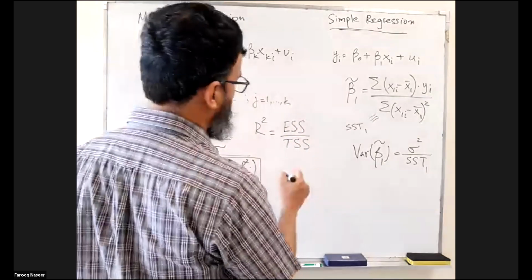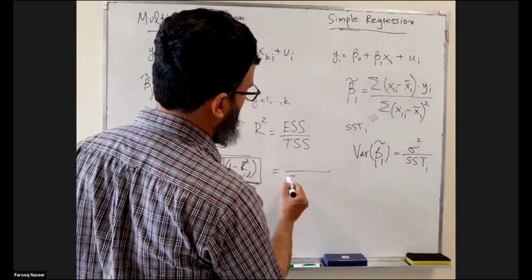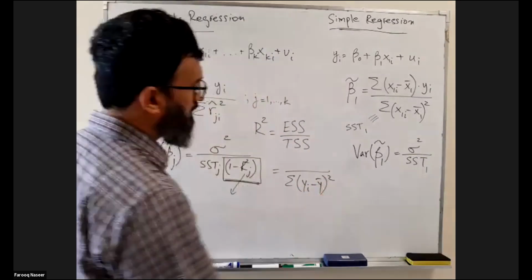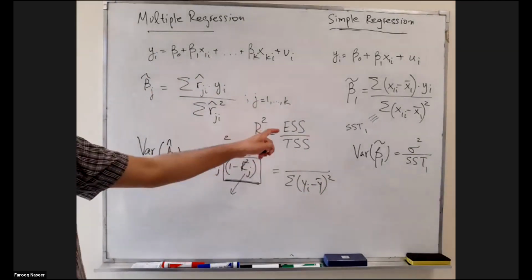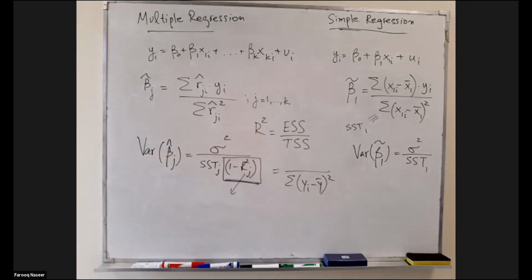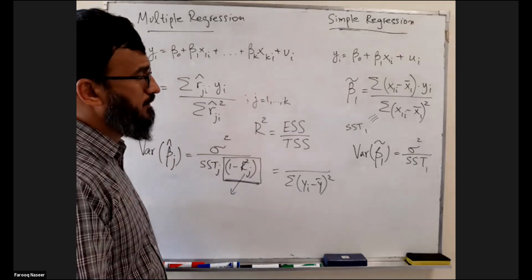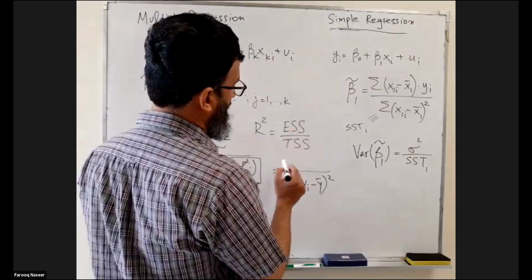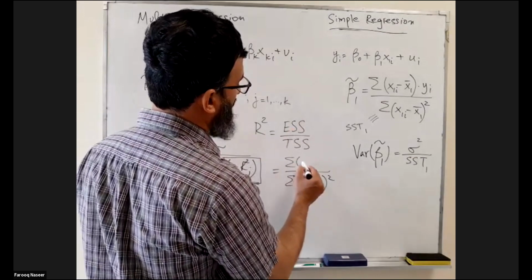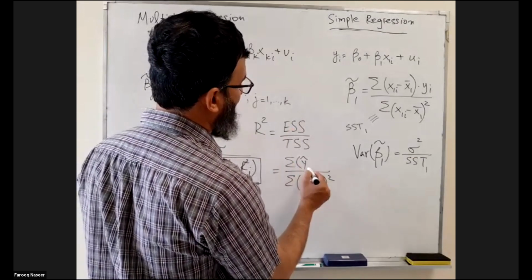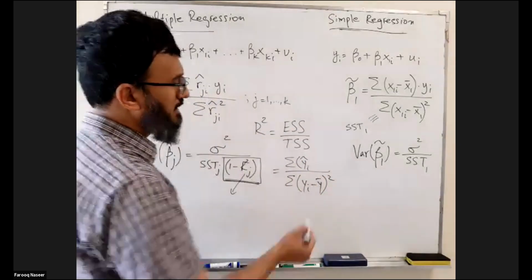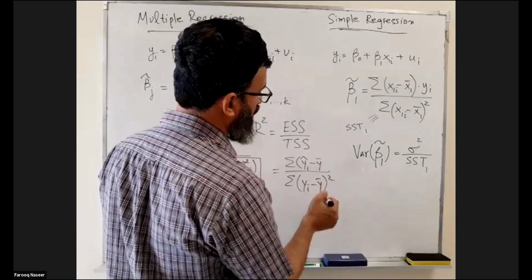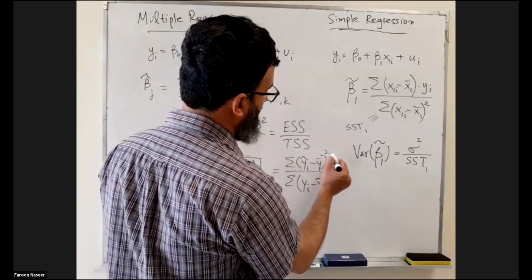The total sum of squares is the sum of yi minus y bar, whole squared. And the explained sum of squares is the sum of squares in the y hat variable, the fitted value: y hat minus its mean, which equals y bar, squared.